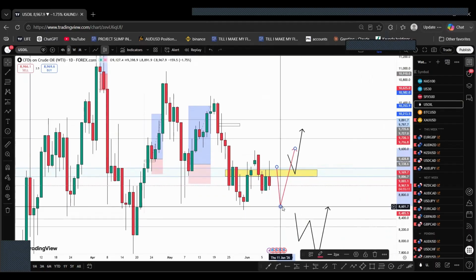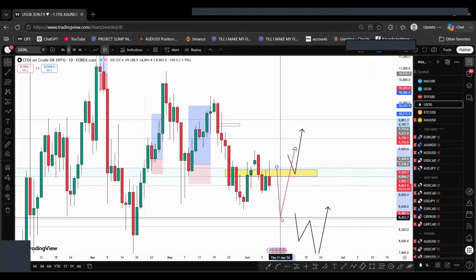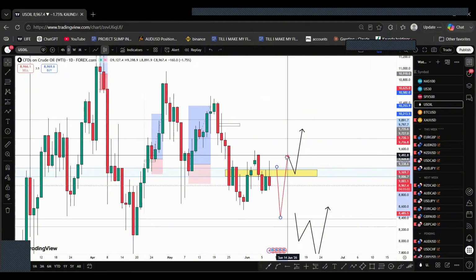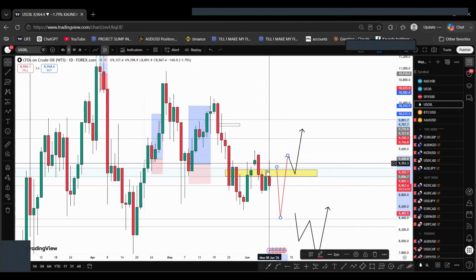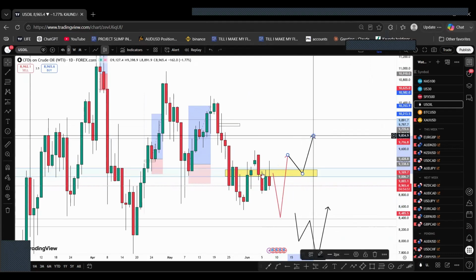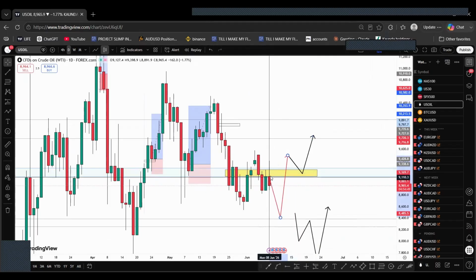I just want price to break below. Okay, if price can break above that way, then we can come and buy. So what's next is, I need it to make a new lower low.